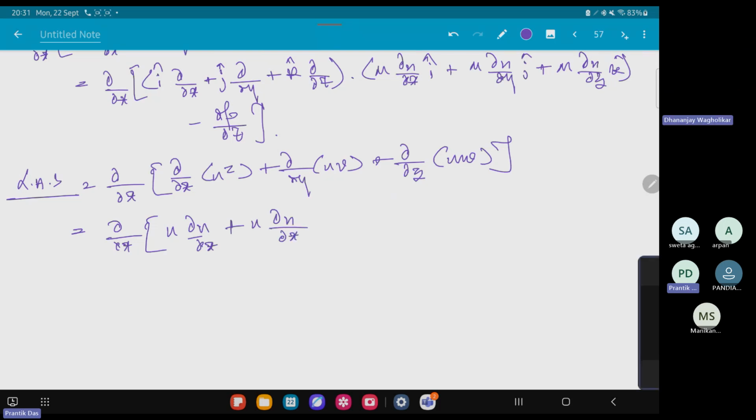Since it is 2u du dx, I'll actually separate it out, so you will understand what my intention is as of now. So why I did it: u du dx plus v du dy plus w du dz plus u dw dz.